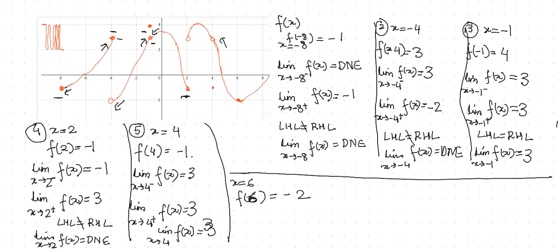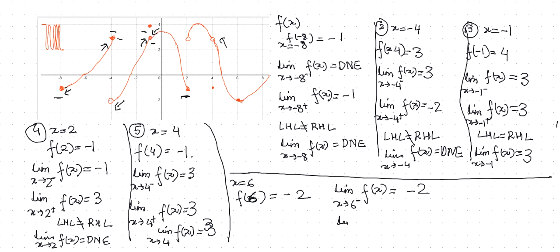Value of the function at 6 is -2, and limit x tends to 6 negative means when the function is approaching 6, x is equal to 6, the graph is approaching value of -2.